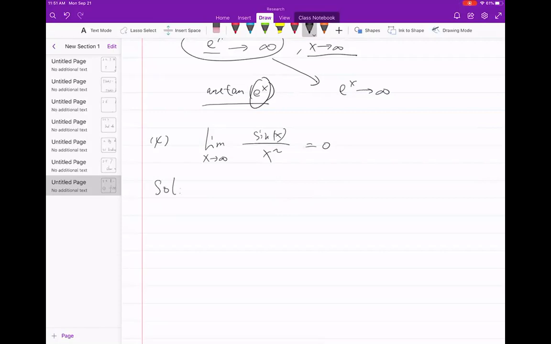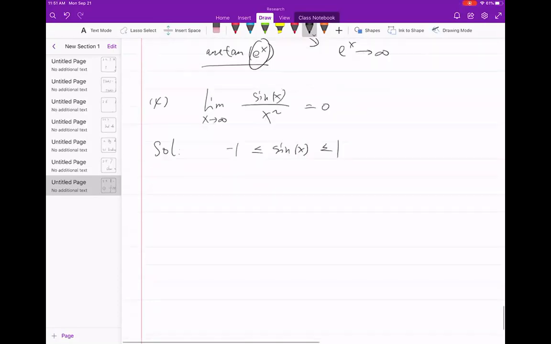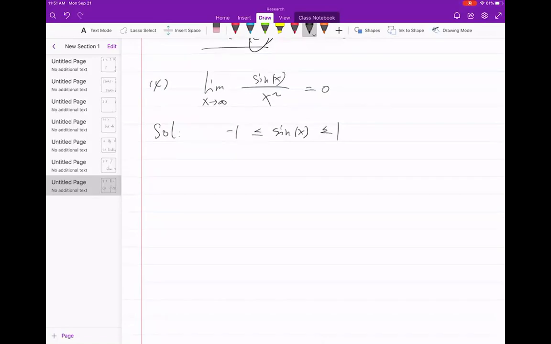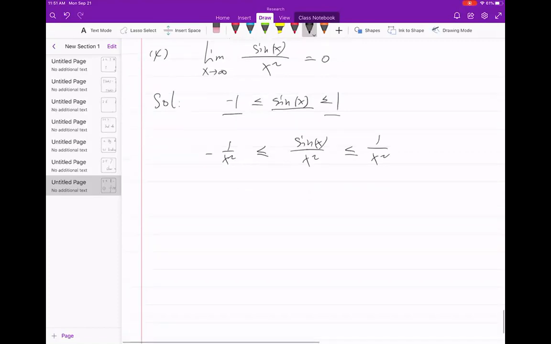quantify the behavior of the top of a sine? You know it's like that, right? This is not a fixed number, but these two are. So how about we divide them by x squared? And then we take the limit. What's this?